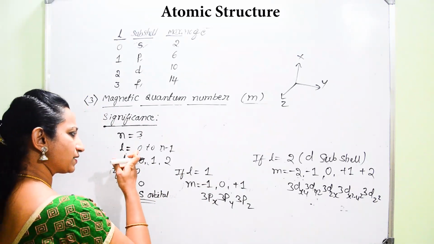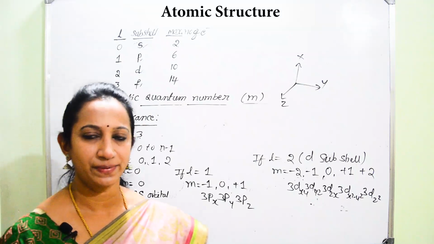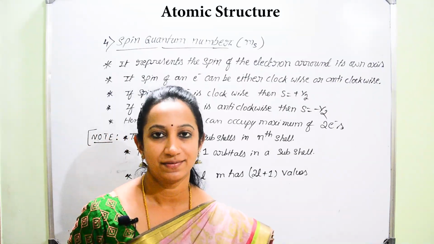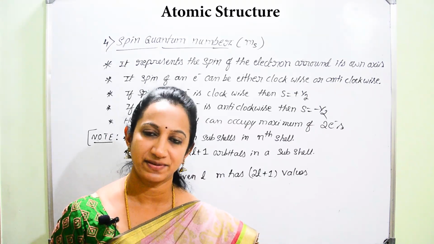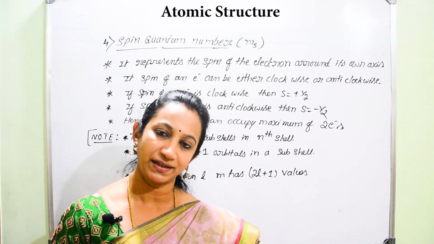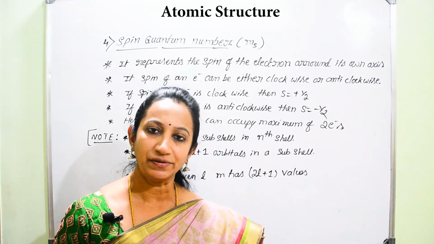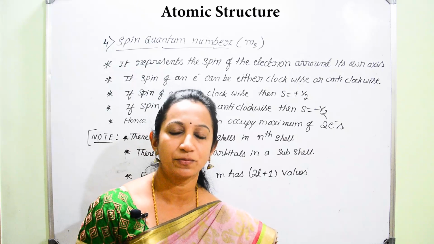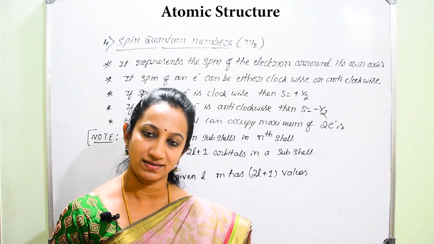We can calculate the azimuthal quantum number with the help of the principal quantum number. The last quantum number will be the spin quantum number. So once you know where that electron is exactly present, that is in which main energy level, which subshell and which orbital, finally you have to go for its spinning moment. That means each and every electron can rotate around its own axis.